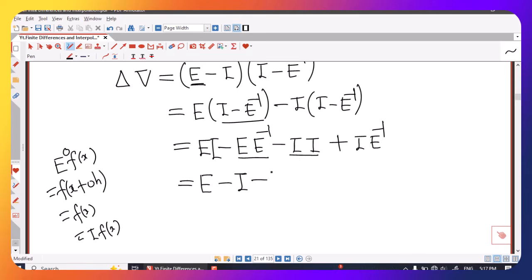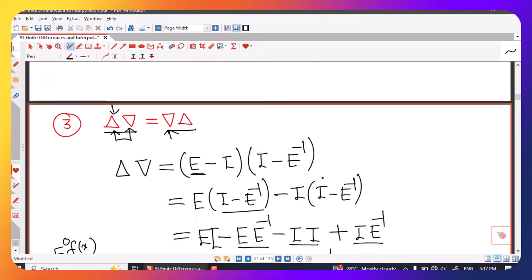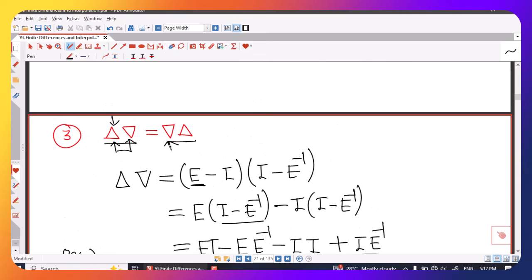Identity operator multiplied with itself gives the identity operator, and identity multiplied with e to the power minus 1 will give us e to the power minus 1. So this we can rewrite as e plus e to the power minus 1 minus 2 times the identity operator. This is delta into nebula.